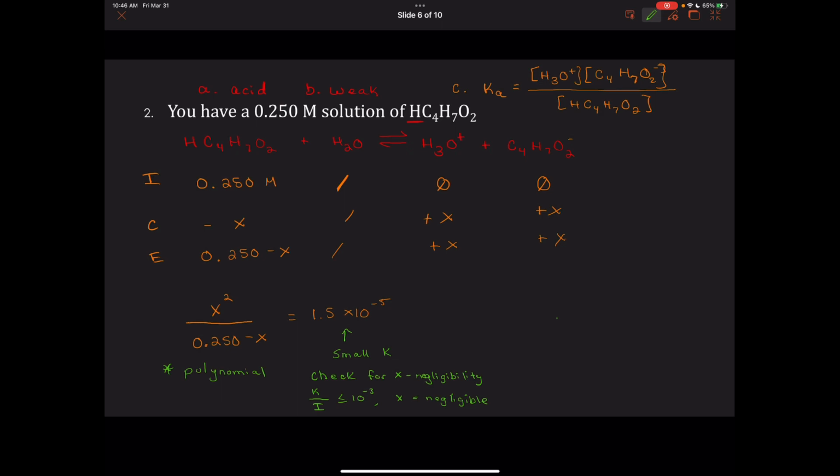So my K is 1.5 times 10 to the negative fifth. My initial concentration is 0.25. This is going to give me a value of 6 times 10 to the negative fifth, which is definitely less than 10 to the negative third. So my X is negligible. Now, what that means is that if X is negligible, we can drop any plus X or minus X from my equation.